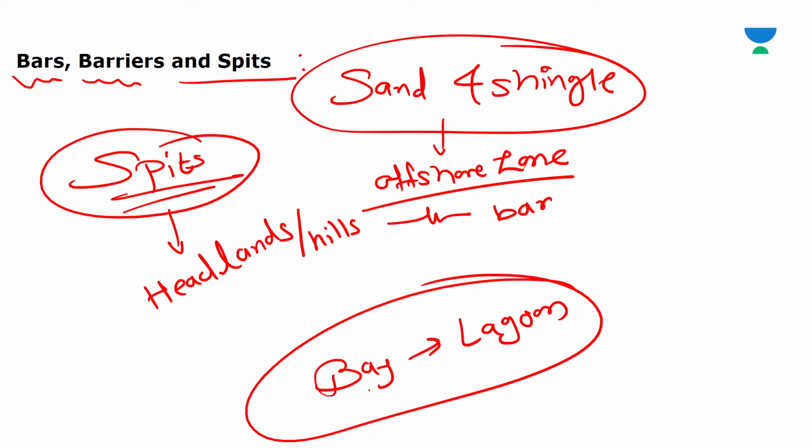So the lagoons get filled up gradually by sediments coming from the land or from the beach itself, and a broad and wide coastal plain may develop replacing a lagoon.